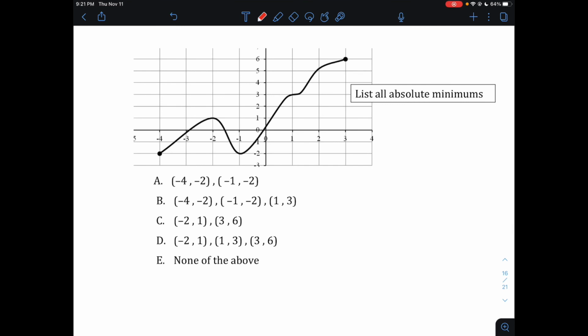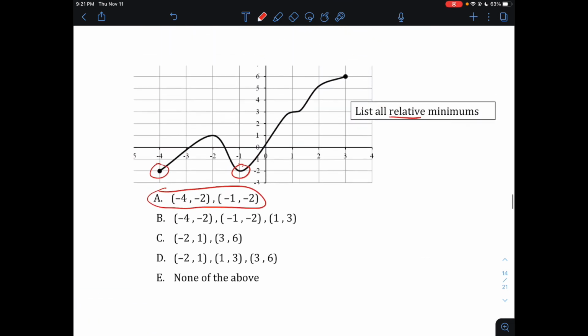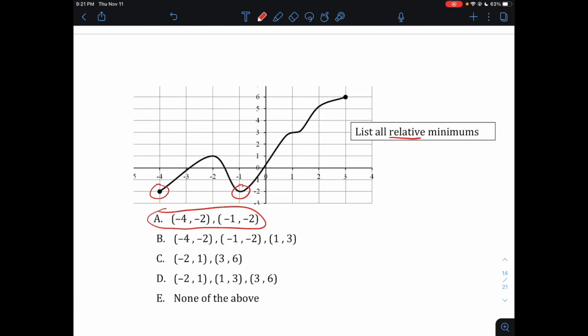So now we have absolute minimums. Remember, with absolute minimums, you want to think it's the lowest point overall. If we go back to our relative minimums, we had 2 points. Your absolute minimum would come from those points. But what I would notice is that with our relative minimums, we have the same output, -2.